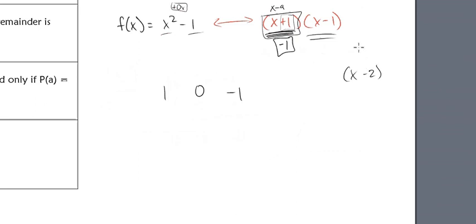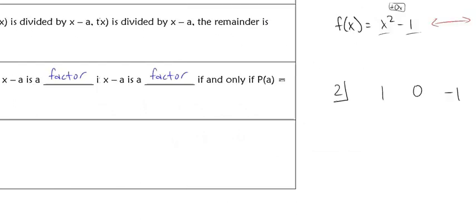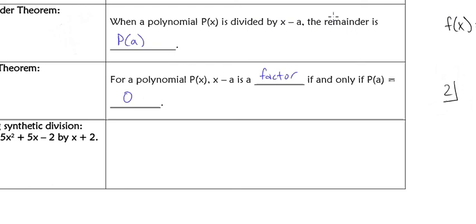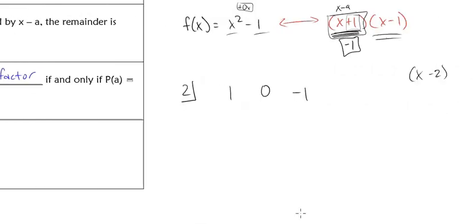So our a value would be 2. And what those two theorems just said is that as we divide these out, the remainder should be whatever the function is with that a value plugged in. And the remainder should only be 0 if it's a factor. We know this is not a factor, so let's go through and make sure everything happens as it's supposed to.